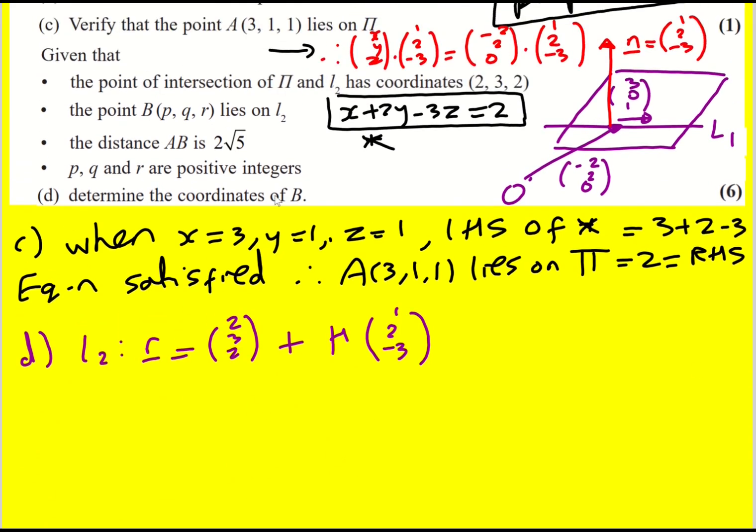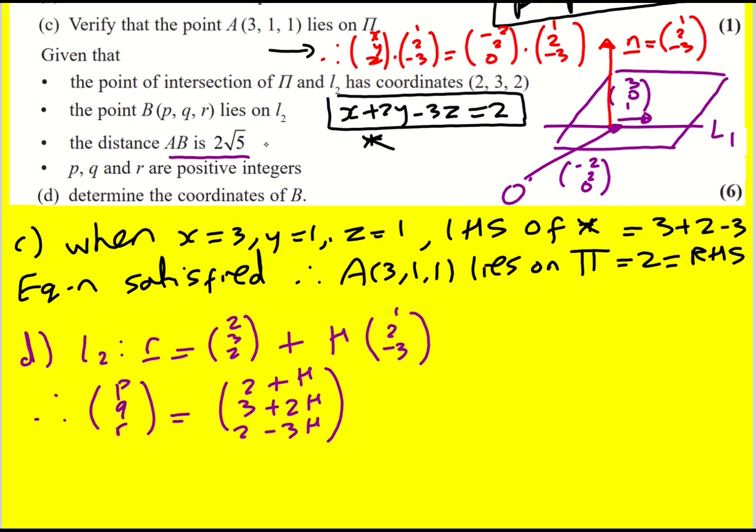And therefore, because I know that B lies on it, I can say that (p, q, r) is then equal to, bringing it together, (2 + mu, 3 + 2mu, 2 - 3mu). There we go, there's our B.